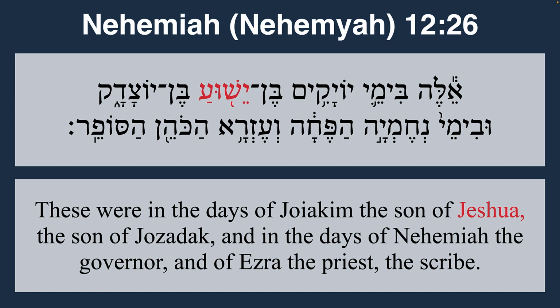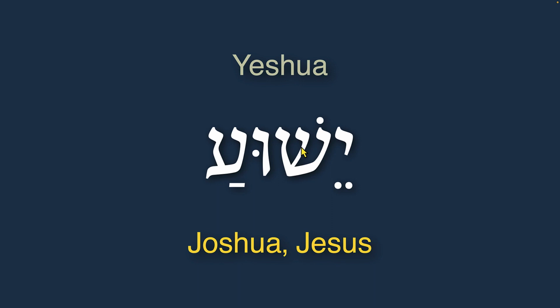Okay, now the same Yehoshua, the son of Yehotzadak, is now called in the book of Nehemiah Yeshua ben Yosadak. So they have shortened Yehotzadak to Yosadak, which is Yeshua the son of Yosadak. And so what I'm trying to say is that the word Yeshua and Yehoshua are both one and the same.